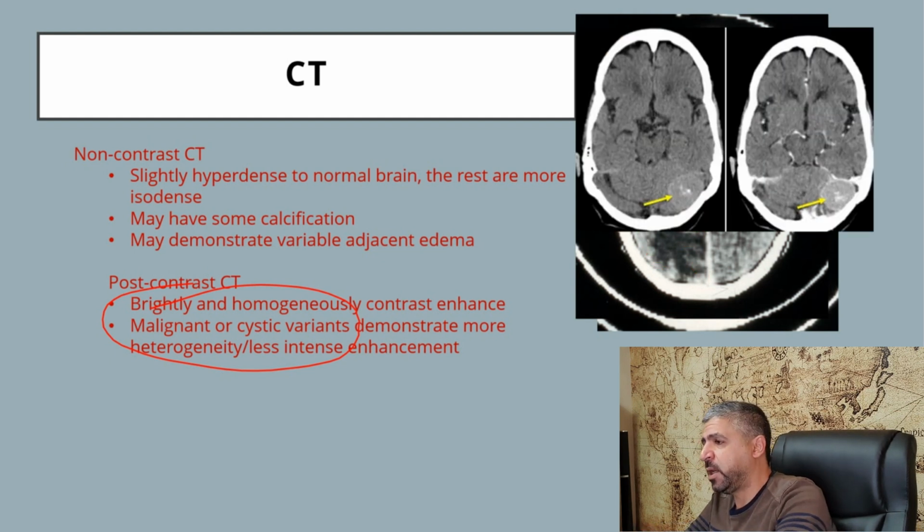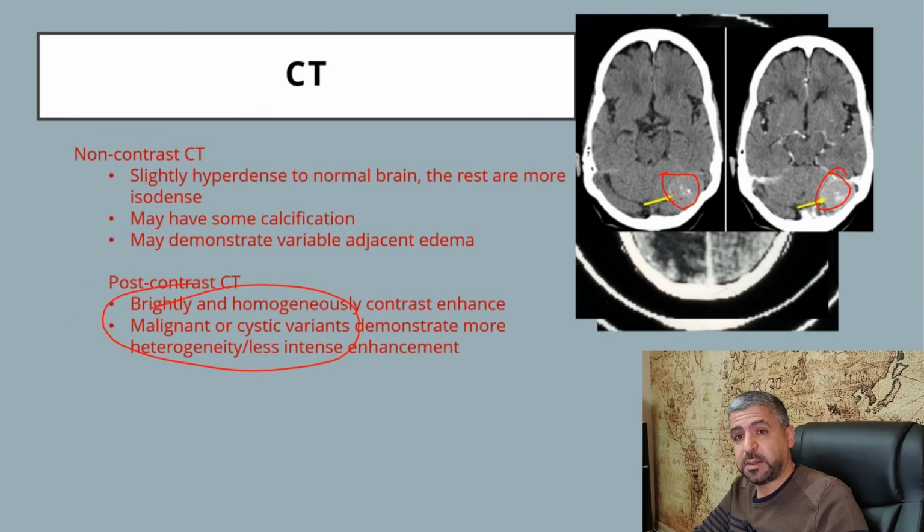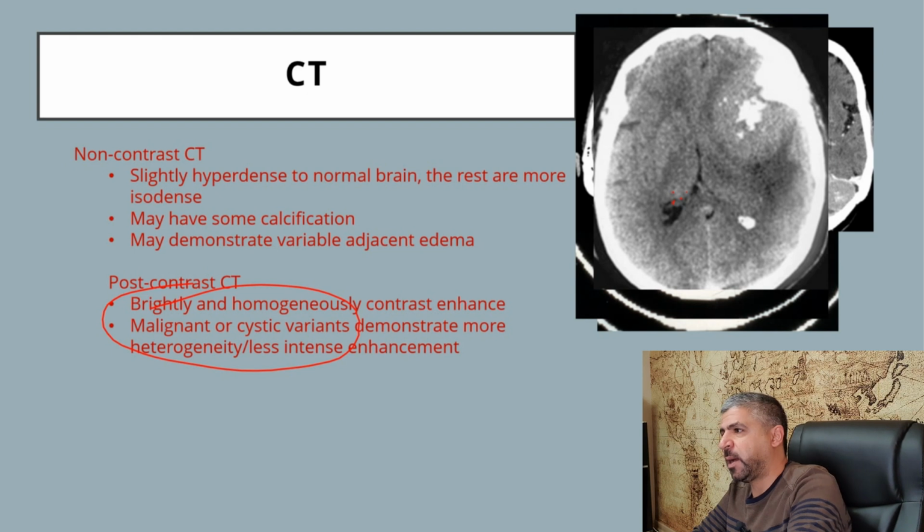Another example you can see here, this is a meningioma, okay, and it has some calcification. After contrast, it shows less prominent contrast enhancement, suggesting the possibility of some malignant changes. Let's see this example. You can see this big tumor, it's slightly hyperdense to the brain parenchyma.